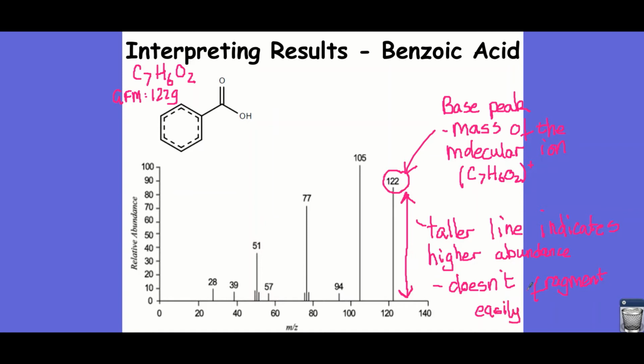So if it doesn't fragment easily, it means there's not lots of wee groups that are easy to remove. Obviously, we've got this benzene ring. It's pretty hard to fragment a benzene ring.